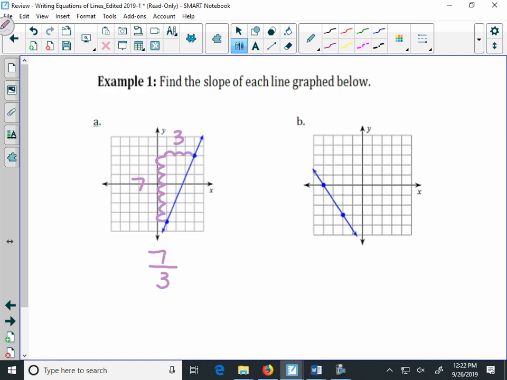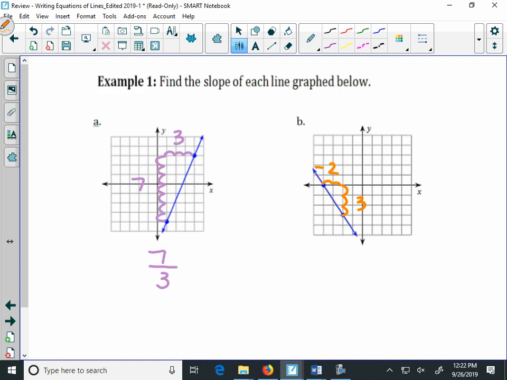We take a look at B. What's my rise? Our rise, we went up, so it's going to be positive. What's my run? Negative what? 2. We went left 2, so it's negative. We went up 3, so it's positive.